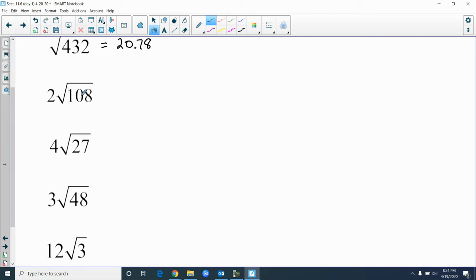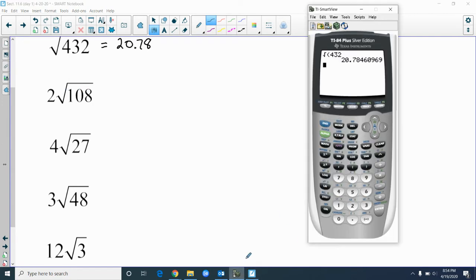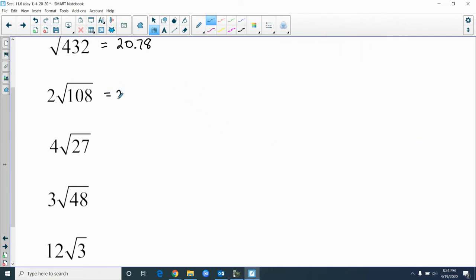So 2 times the square root of 108. To do that, you just hit 2 square root of 108, and I get 20.78.